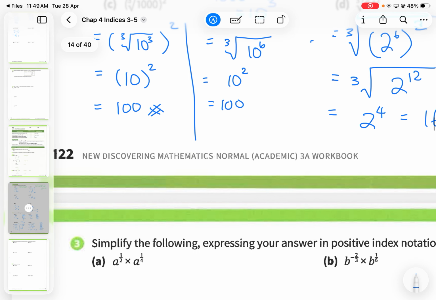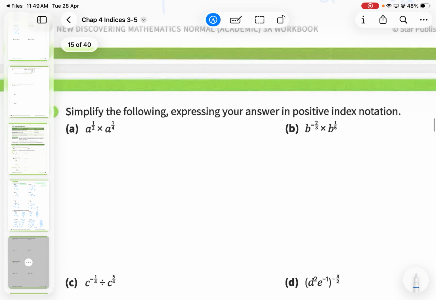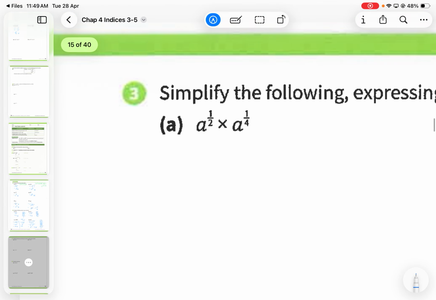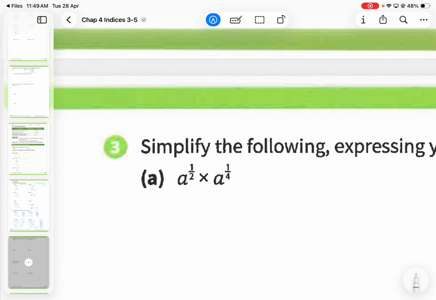Okay, Ken, we move on. Simplify the following, expressing your answer in positive index notation. Okay? So actually by now, you all should know your index can be a fraction. But do I have to do anything differently from what I have learned? When I multiply same base, I add the index.